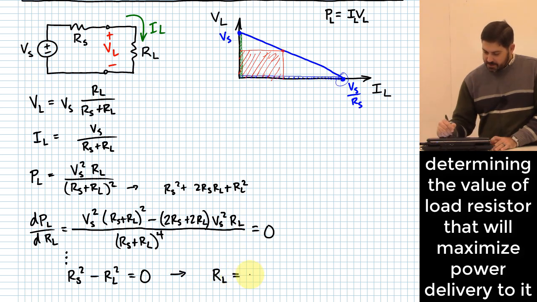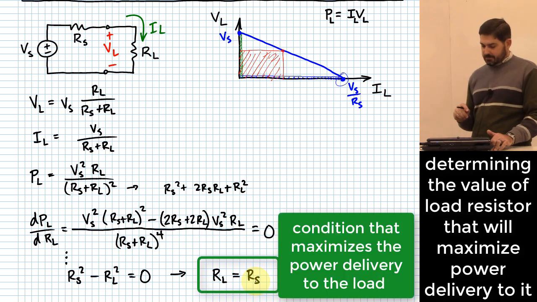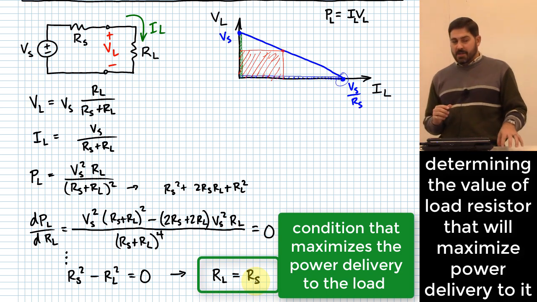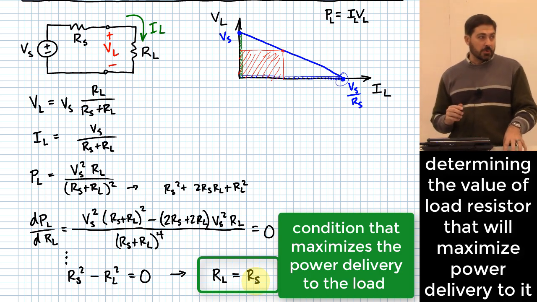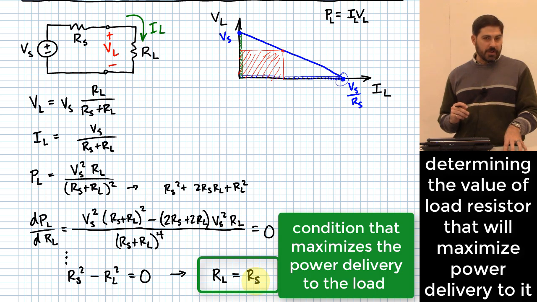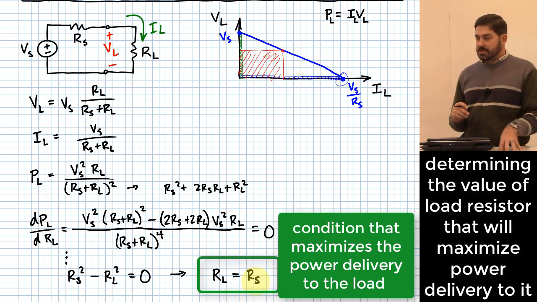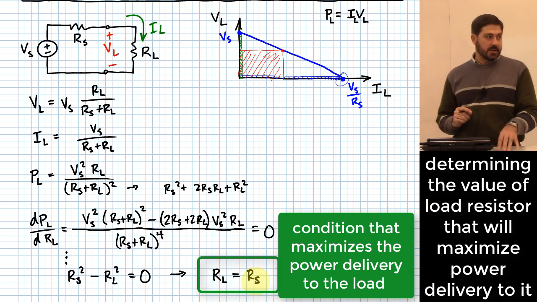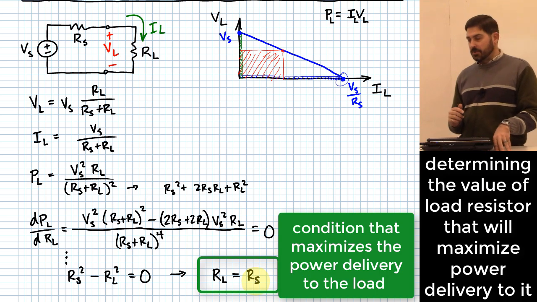RL has to be equal to RS. This is the condition for maximizing power delivery to the load. The value of the load resistance should be equal to the value of the source resistance if you want to maximize how much power you deliver to the load.